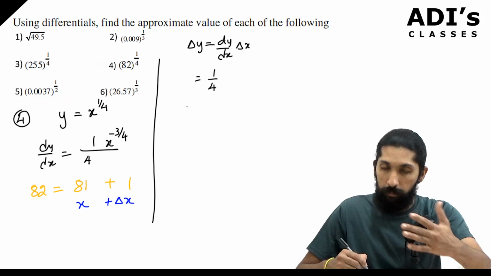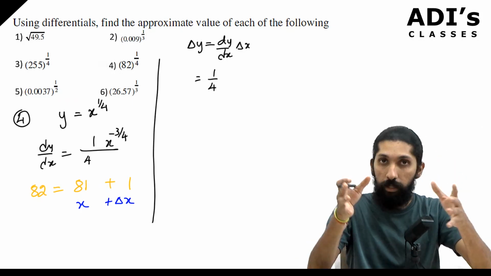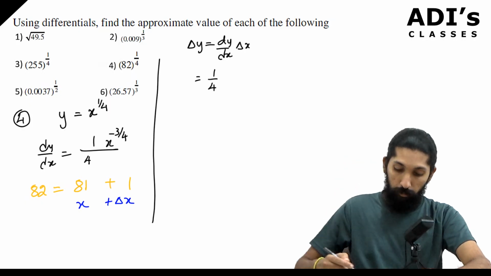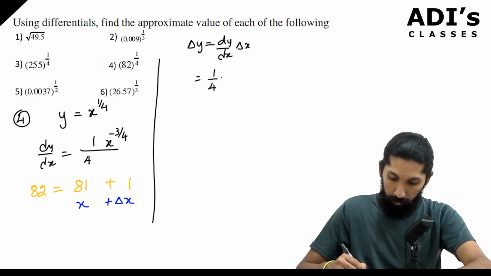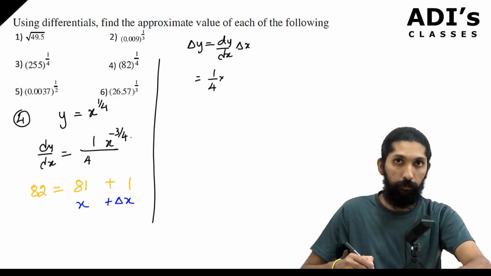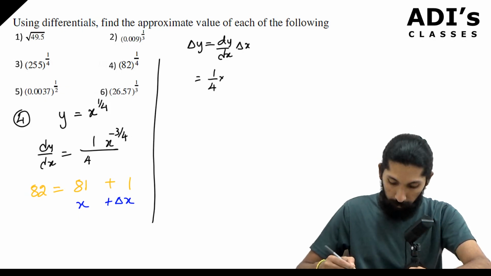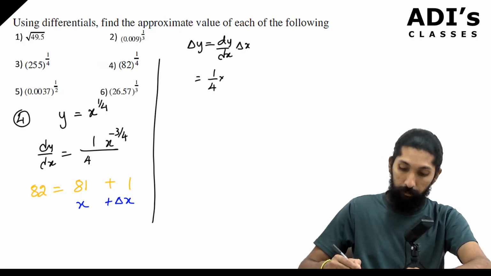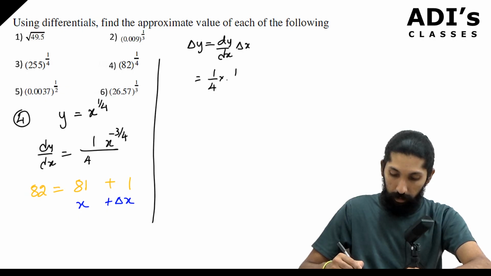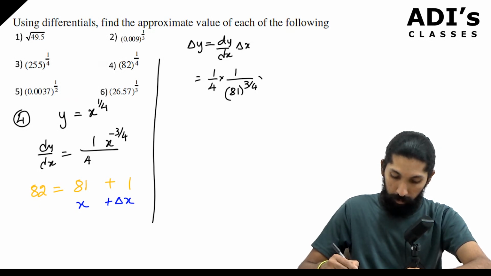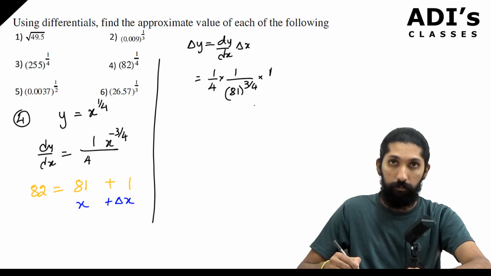I am not calculating dy by dx separately, like what we did before. So here dy by dx is 1 by 4 x power minus 3 by 4. But what is the value of x? X is 81. Substitute. So you'll have 1 by 4 into 1 by 81 power 3 by 4 into delta x, which is 1.